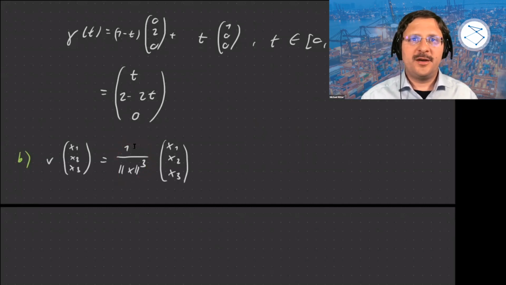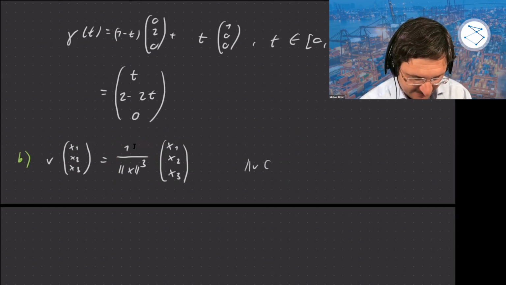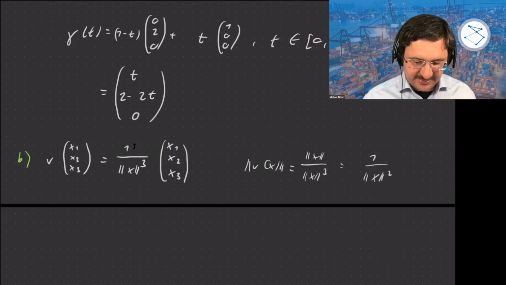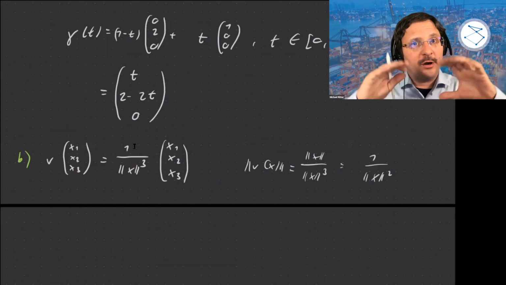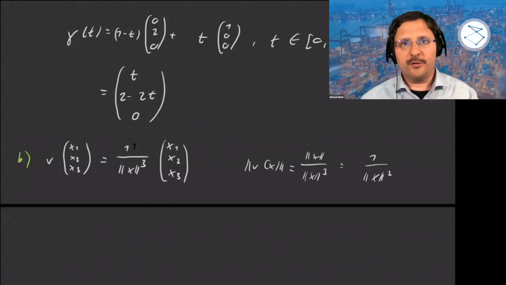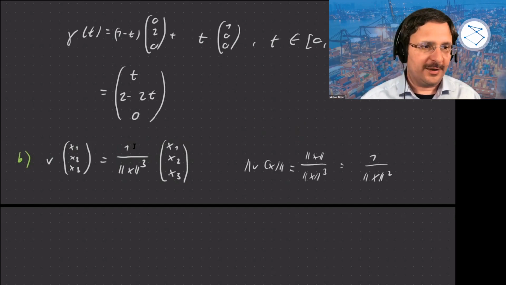So the length of v of x in this case is again the length of x over the length of x to the 3rd. So you get 1 over the length squared. That means if you get close to 0, then the vectors become pretty long. If you move outwards away from the origin, then the vectors become small quickly. Okay, so that's how that field looks.